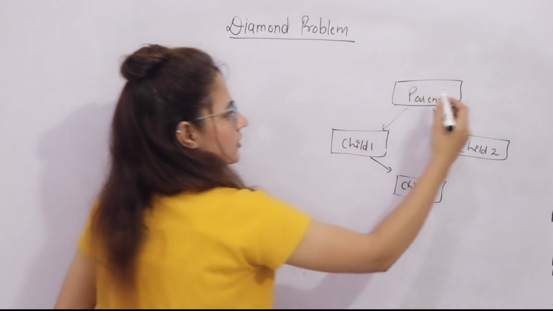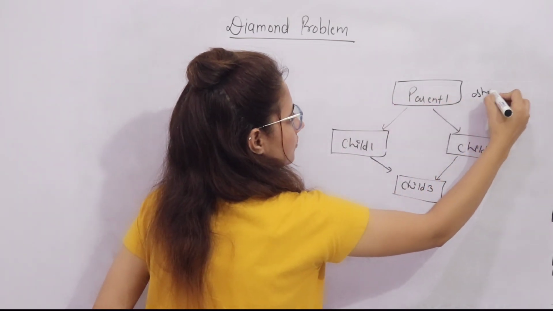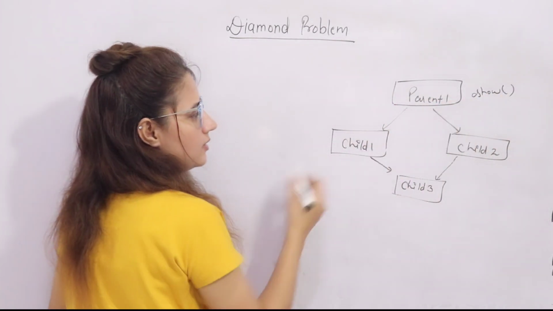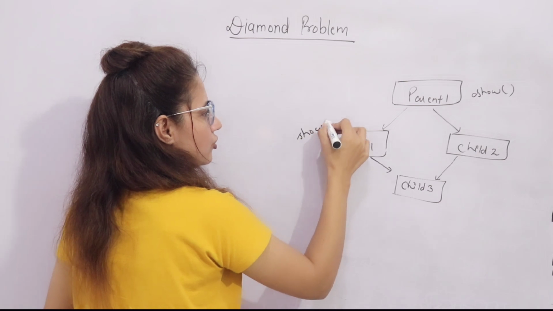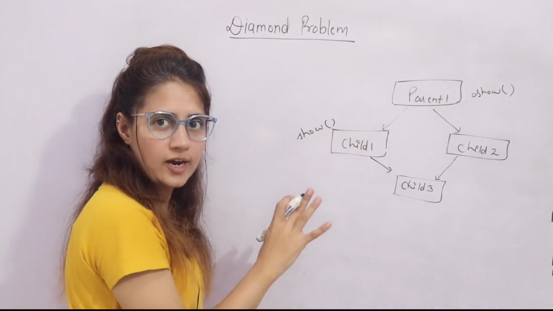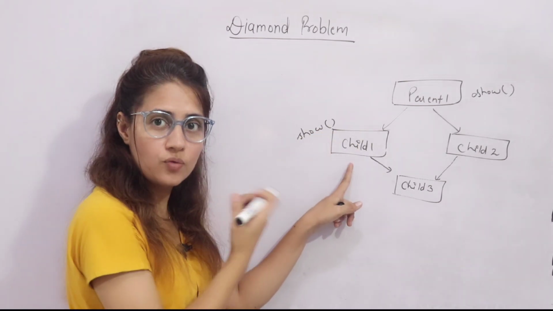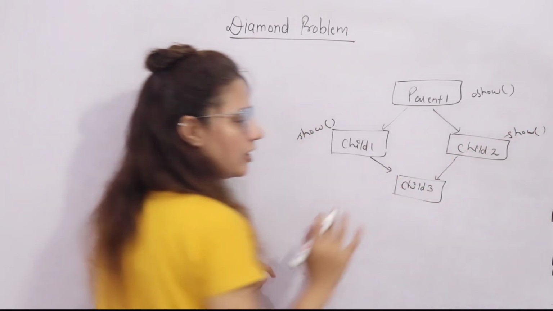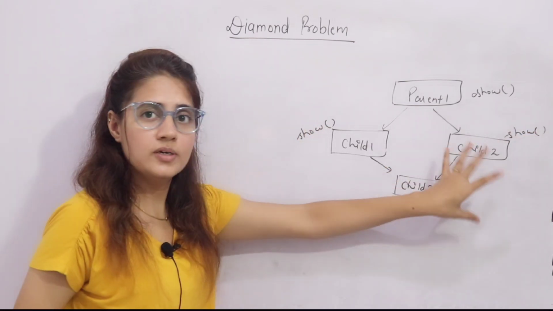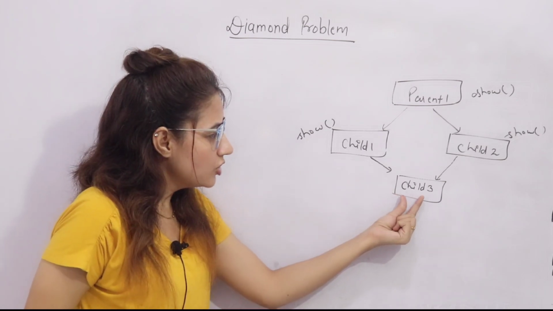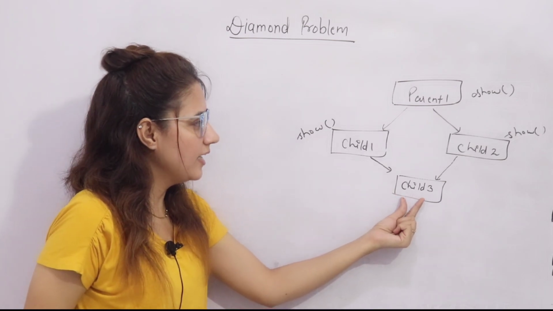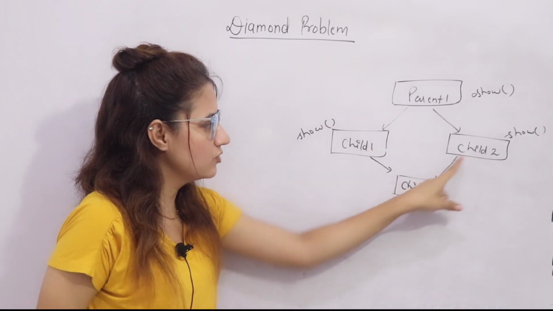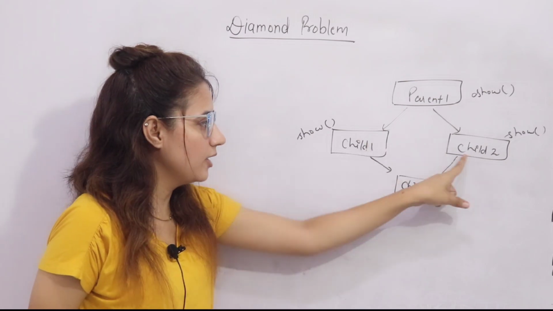Suppose I have the same method, like maybe show, in this parent, as well as in this child, and this child one has overridden this method, right? And suppose show is in this child 2 as well, and this also has overridden this method. Now this child 3 is inheriting from child 1 as well as from child 2. These two are parents of child 3.